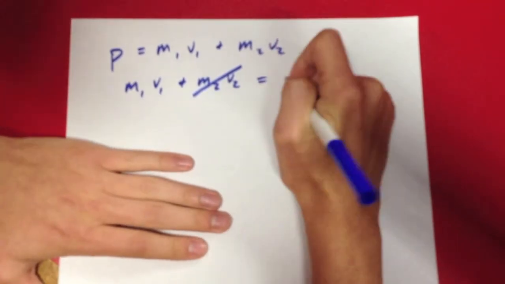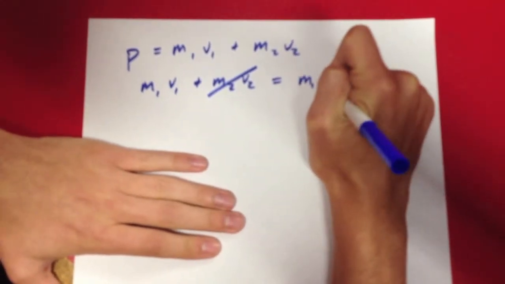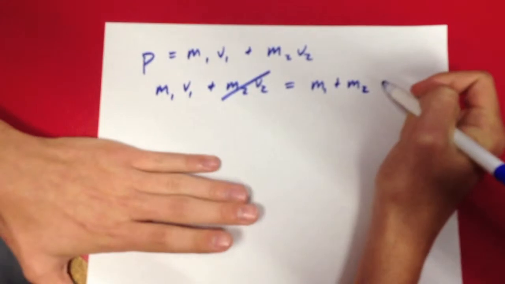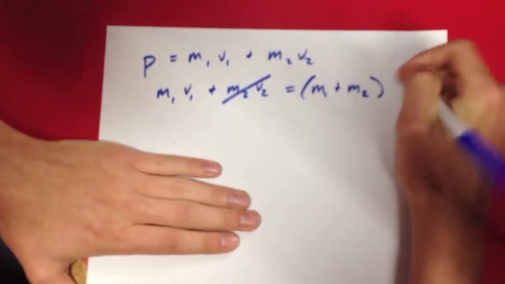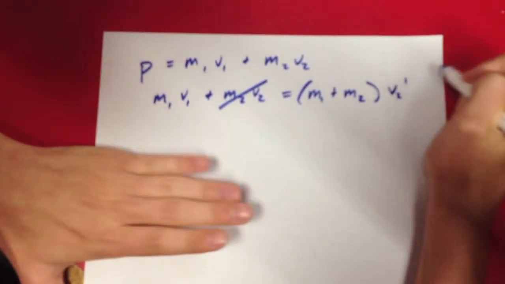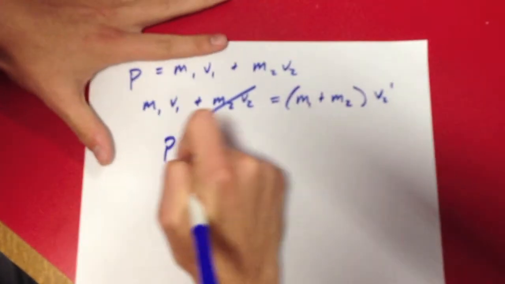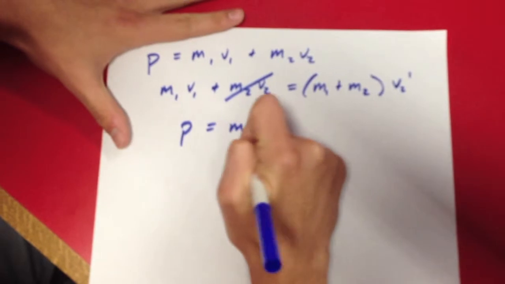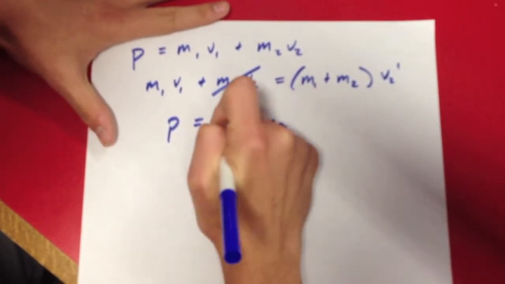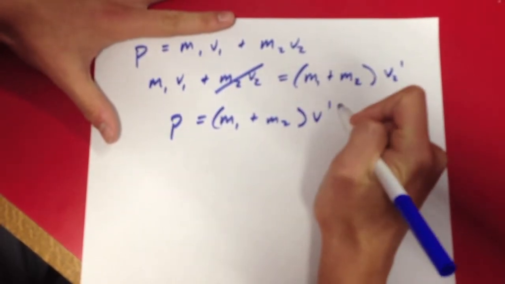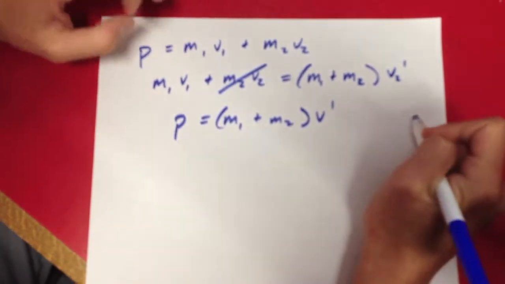Then this becomes m1 plus m2, since we collided and stuck, v prime. So we see that the final equation for momentum is P equals m1 plus m2 v prime. And that's what happened when we collided.